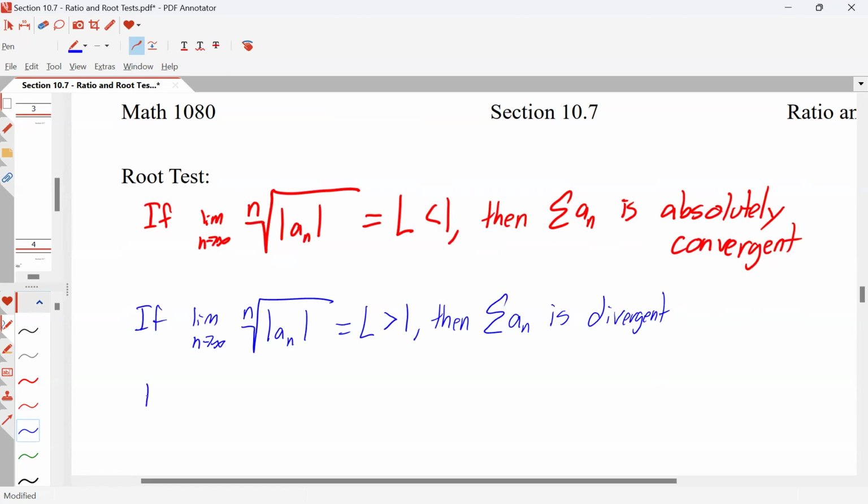And finally, if the limit as n goes to infinity of the nth root of the absolute value of a sub n equals L, and this is 1, then the test is inconclusive.